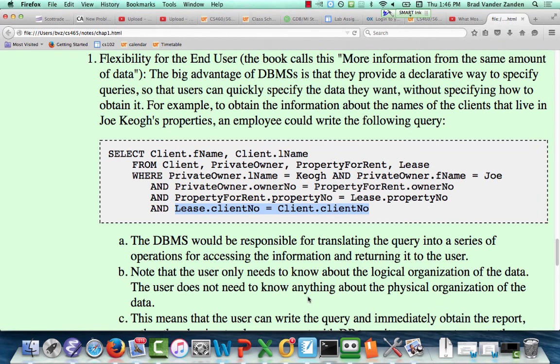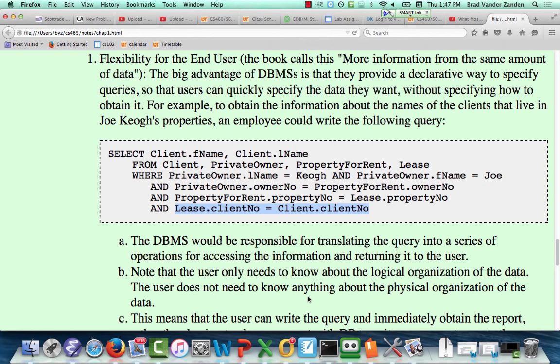Now, this is why it took 10 years in order to make commercial databases feasible. Because you have to write algorithms called query optimization algorithms that are going to figure out the best way to go out to these files and search them to find the information.